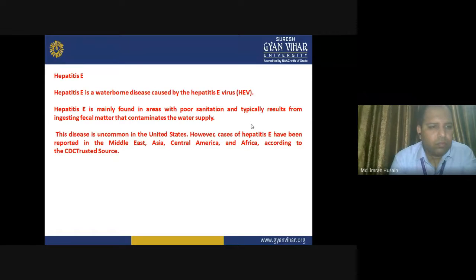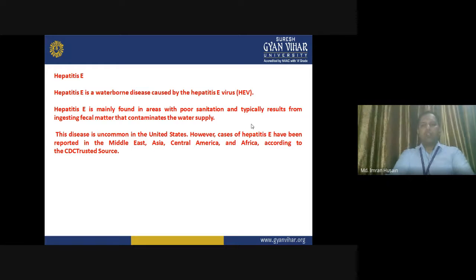Hepatitis E. Hepatitis E is a waterborne disease caused by the hepatitis E virus. The HEV virus is responsible for causing the severe condition of hepatitis E. It is mainly found in areas with poor sanitation.